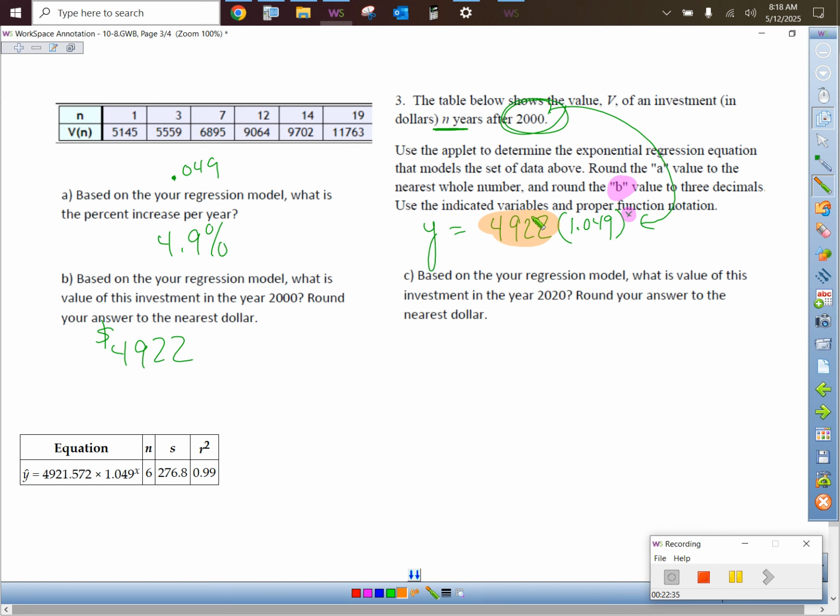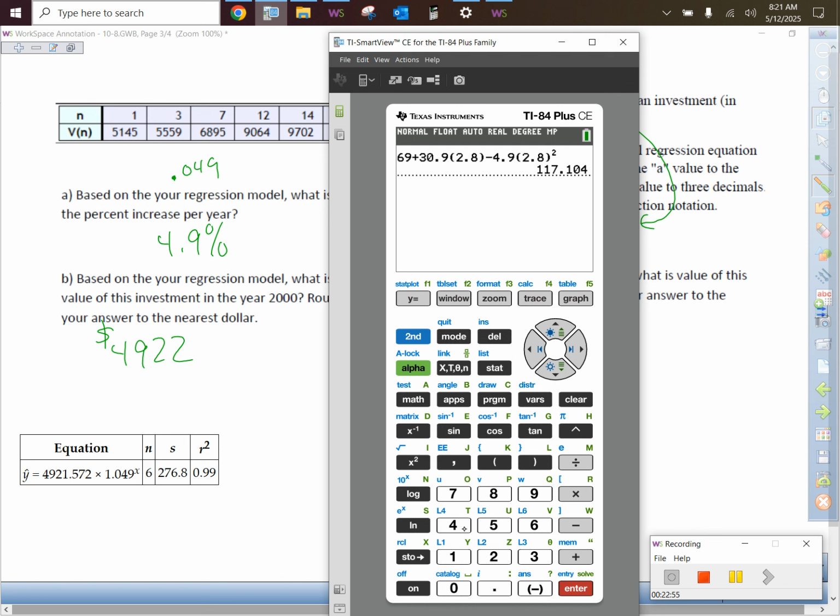So good stuff there. Based on your regression model, what value will this investment be in 2020? So what do we have to do here? Put what number in for x? Put 20 in for x. We'll use our formula, not this one, but the one that we rounded off. Does that make sense? So we'll use 4,922 times 1.049 to the 20th.